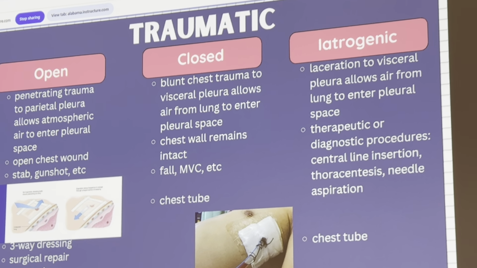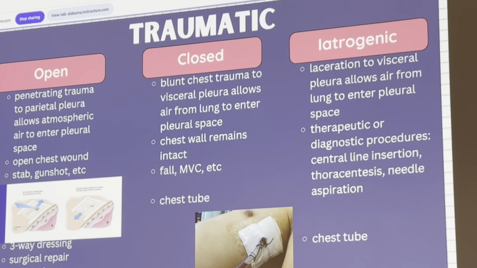Remember that you might have some tracheal deviation because of so much pressure that has developed. Maybe there is so much pressure pressing against my heart that I have such a decrease in my cardiac output, or it's causing my lung to collapse. There's a couple of different things that it could cause. How am I going to treat it? Needle decompression.